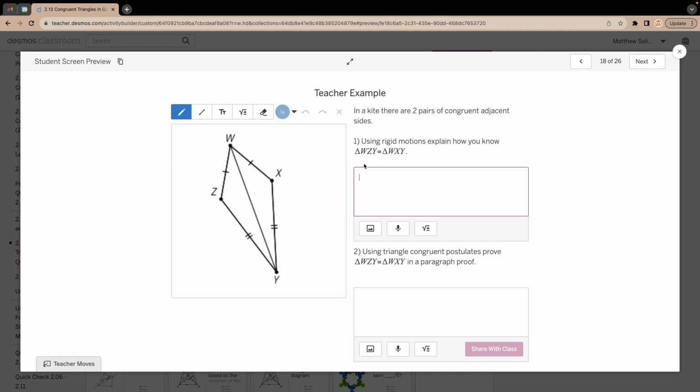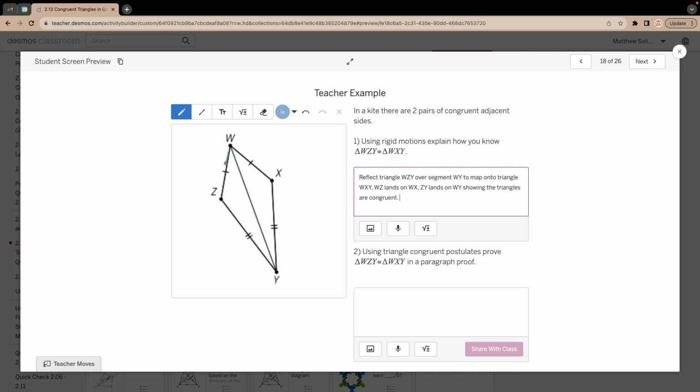So for the rigid motion, to prove these two triangles are congruent, WZY, this triangle, is congruent to WXY, this triangle, I could say reflect triangle WZY over segment WY to map onto triangle WXY, and then let's say WZ lands on WX, ZY lands on XY, showing the triangles are congruent, right?